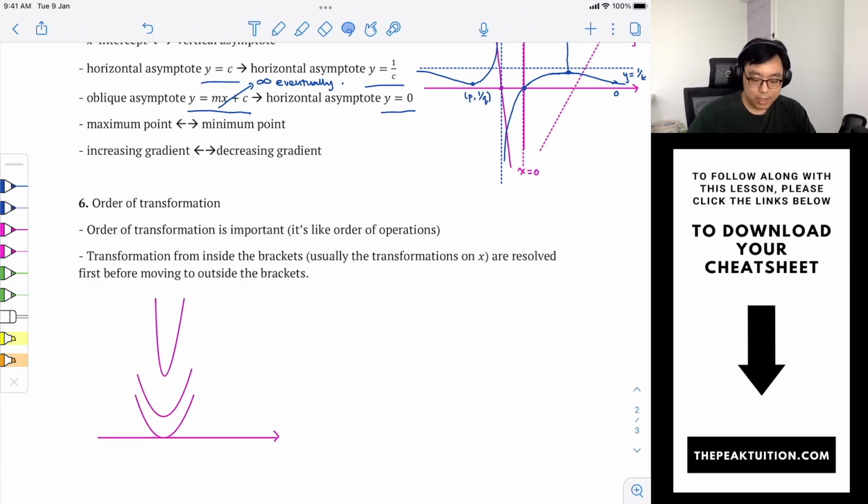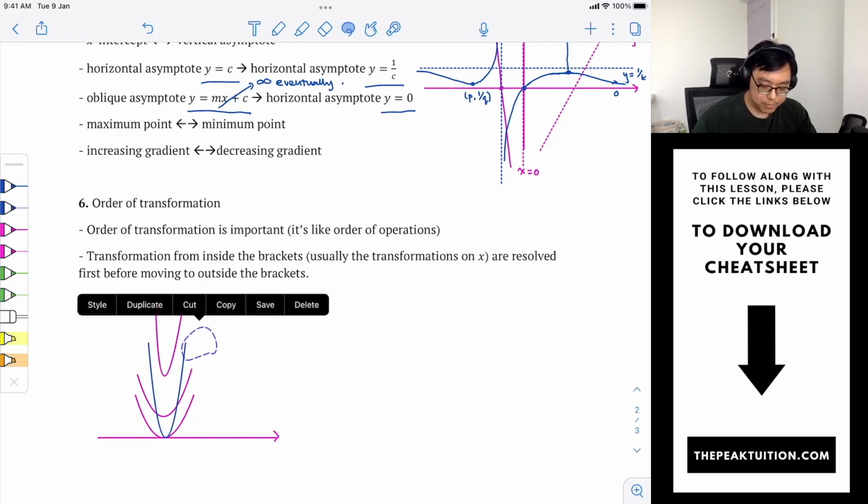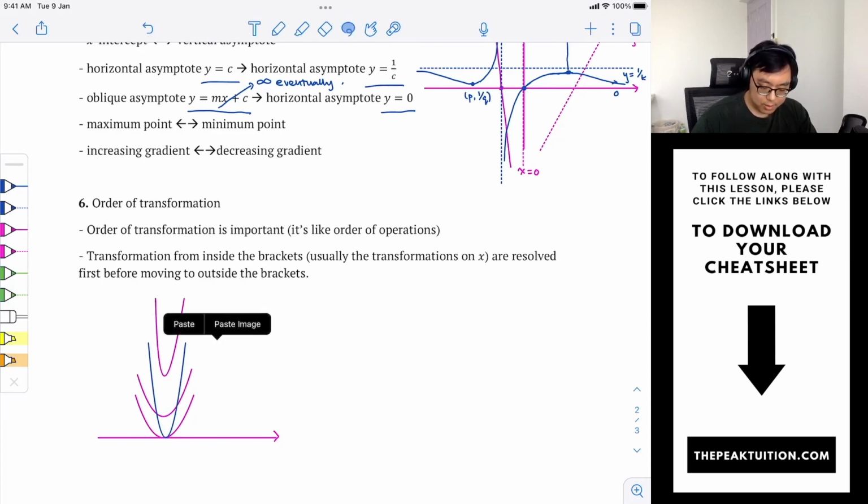But if we scale it first and then translate, it will look like this. First we scale it, it will look something like this. Then we translate and it will just be moved up. It's not snapping properly, but you get the point.